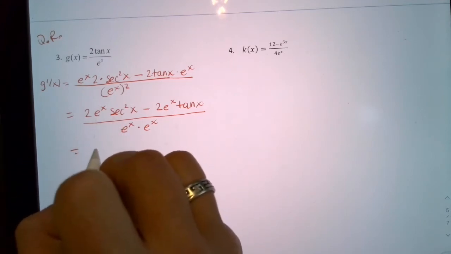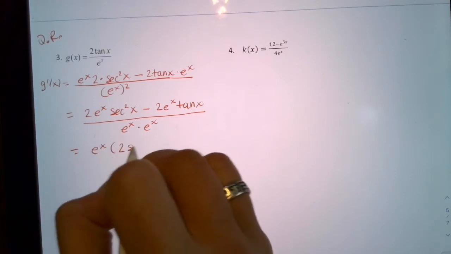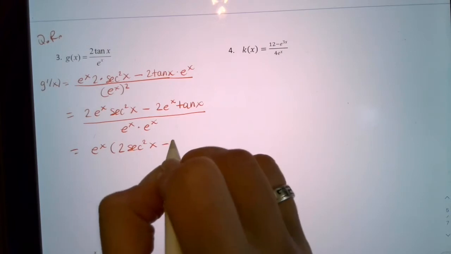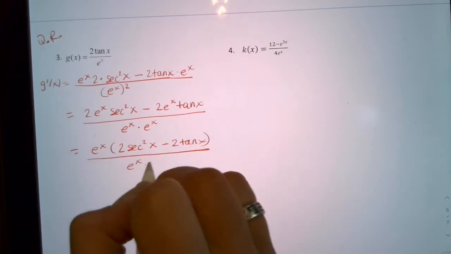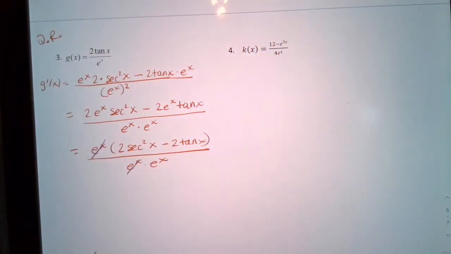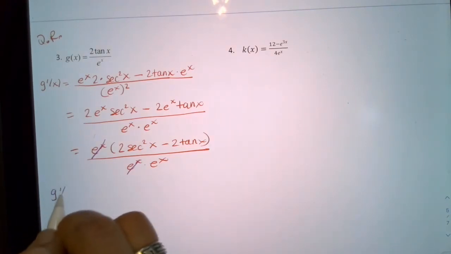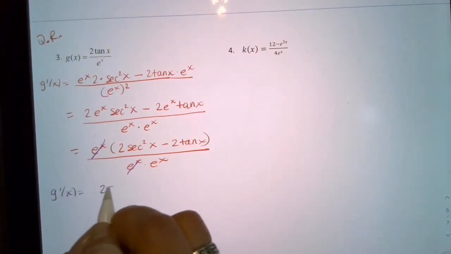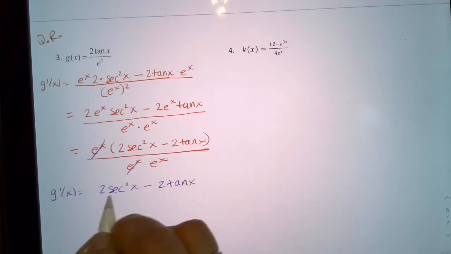Now, I am going to factor out that common factor of e to the x. That's how I know this is a slashable moment, that yes, you can get in there and cancel one of the e to the x's. The other one's going to remain, okay, that's fine. But you have a simplified answer right here.